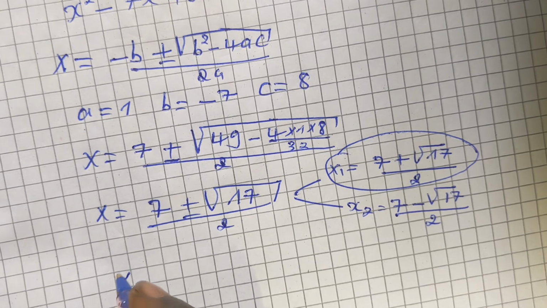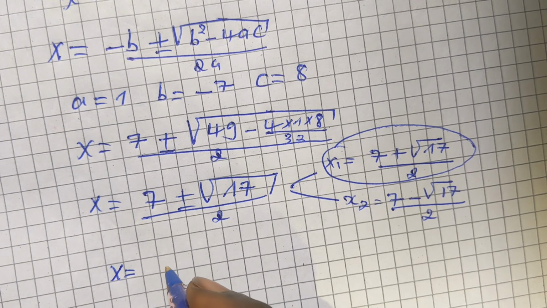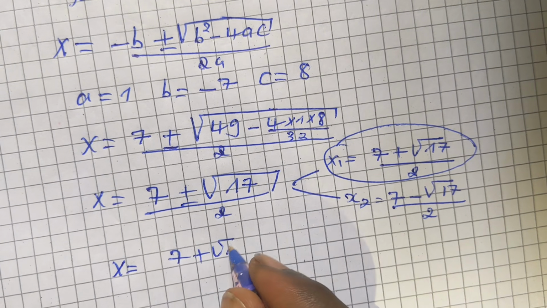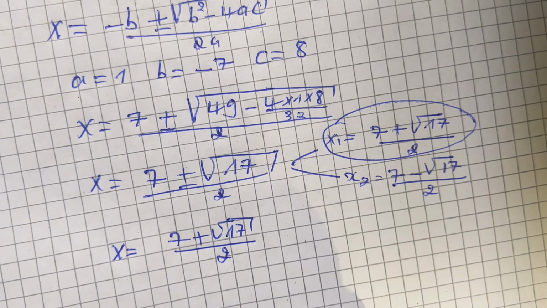So for the case number 1, x is equal to 7 plus the square root of 17 divided by 2.